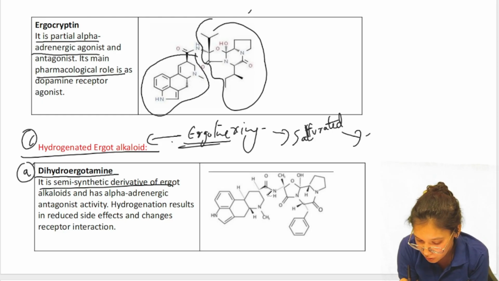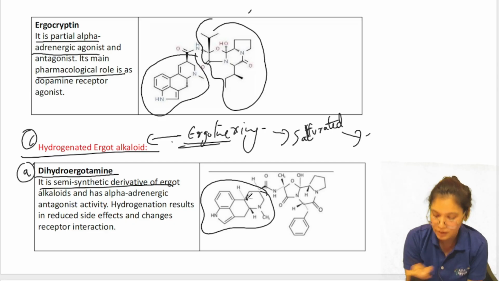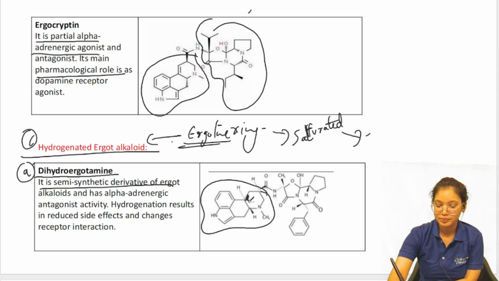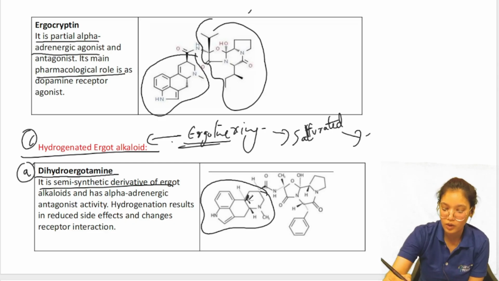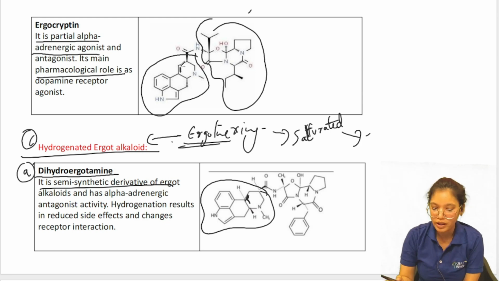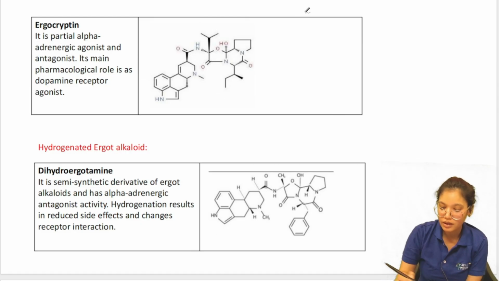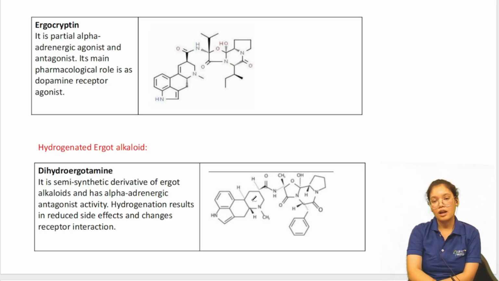So talking about this ergoline ring, here it is saturated. Here we can see we have a double bond, but if we see in dihydroergotamine, the double bond is now saturated.